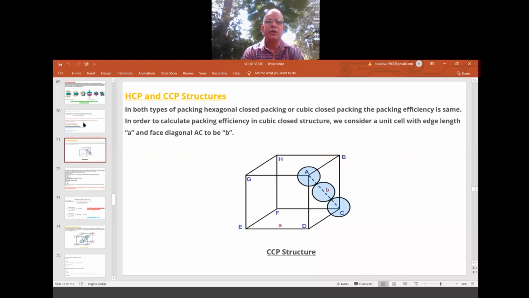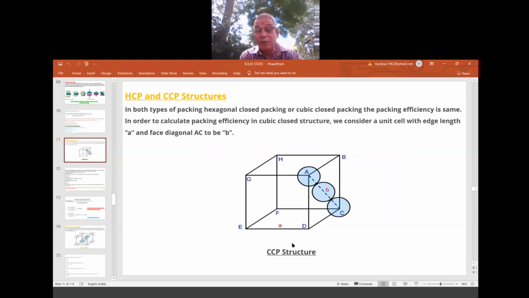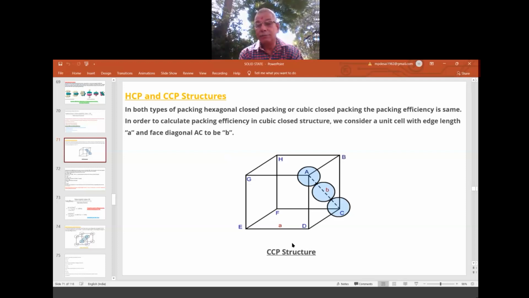So let us take the CCP structure. This is a CCP structure or FCC structure. Both are the same: cubic close packing or face centered cubic. Now please concentrate on this face, ABCD. At the center of the face ABCD, there is one particle.